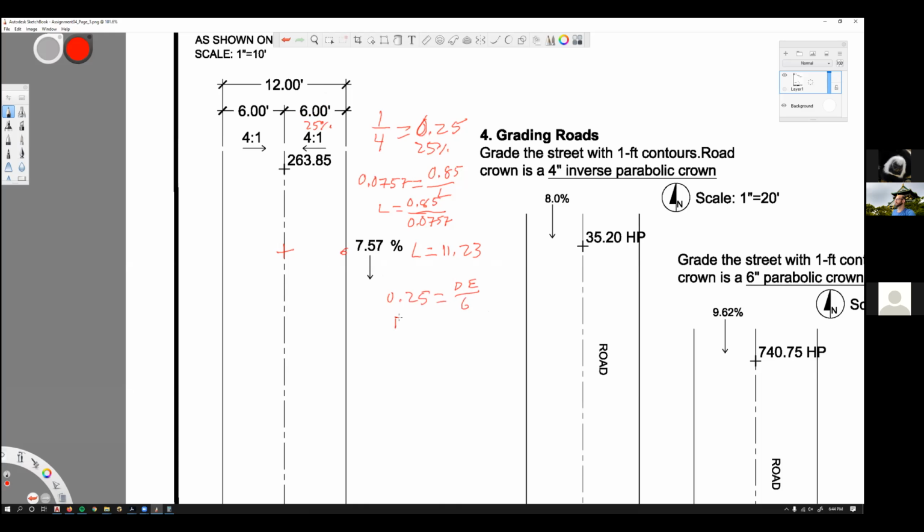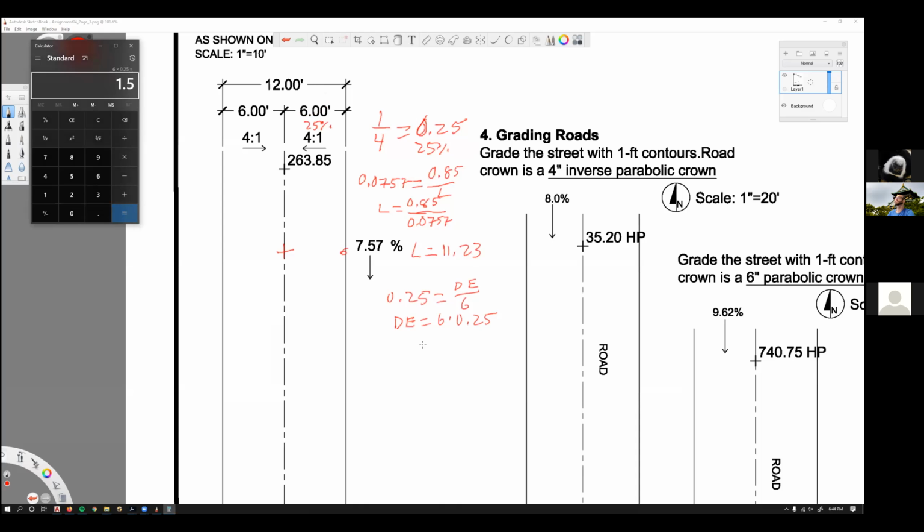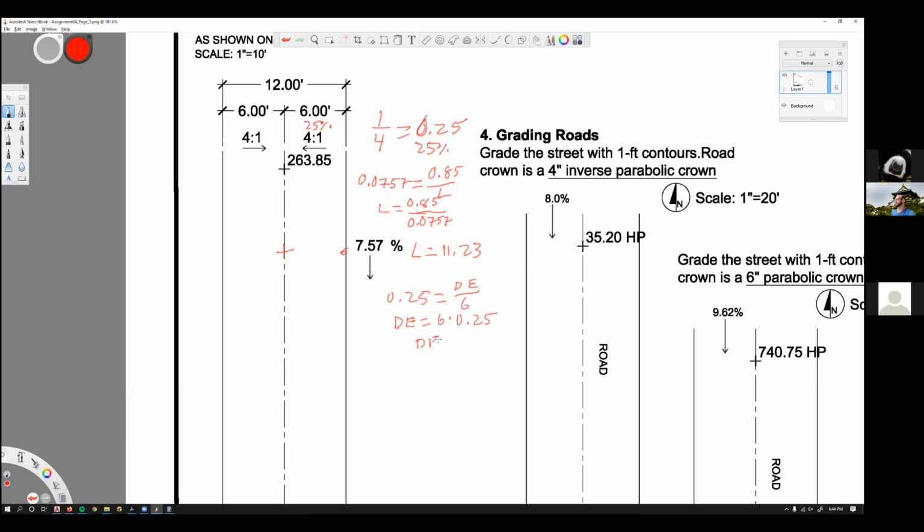So DE equals 6 times 0.25, which equals 1.5. Quite a lot because it's a really extreme slope. 1.5 feet is our difference in elevation between these 2 points. So we're going to take that difference in elevation now and plug it back into the slope formula using this slope, to figure out how far this point moves.